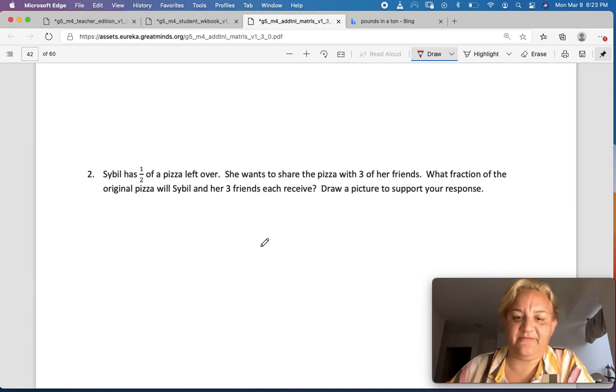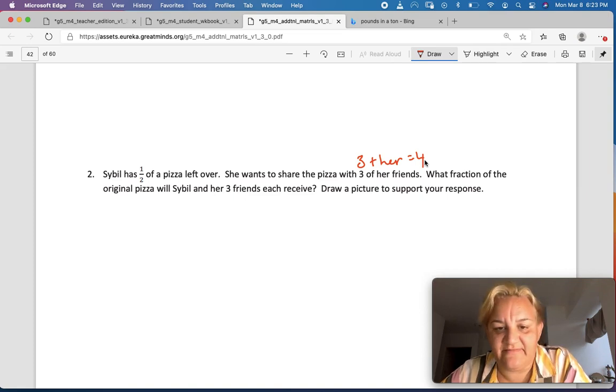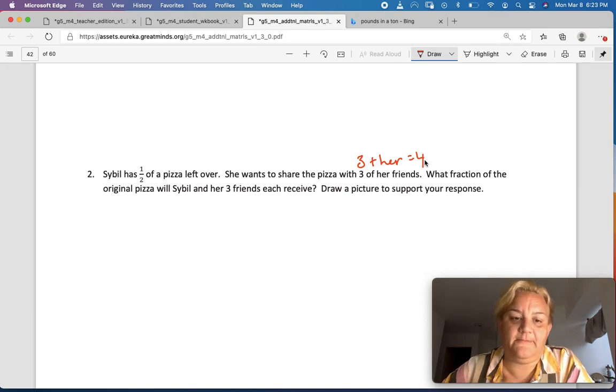Now, 3 of her friends means her and her friends. So 3 plus her, right, which would equal 4. What fraction of the original pizza will Sybil and her 3 friends each receive? That's not very much pizza. I think they might even have to order another one. Okay, figure that out. Let me know.